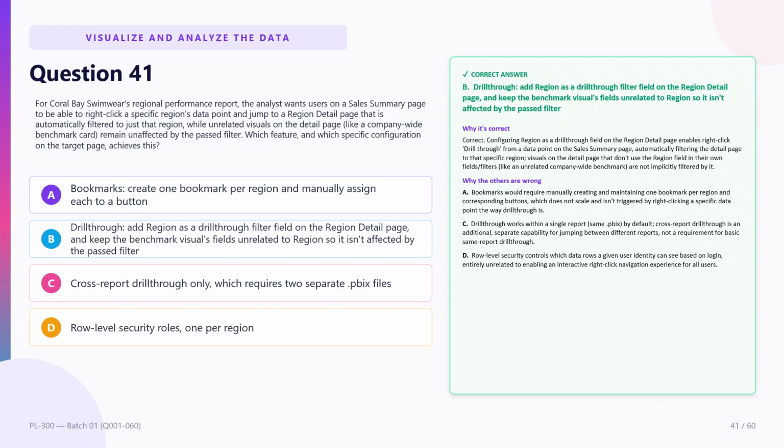Cross-report drill-through is an additional, separate capability for jumping between different reports, not a requirement for basic same-report drill-through. D, row-level security controls which data rows a given user identity can see based on login, entirely unrelated to enabling an interactive right-click navigation experience for all users.